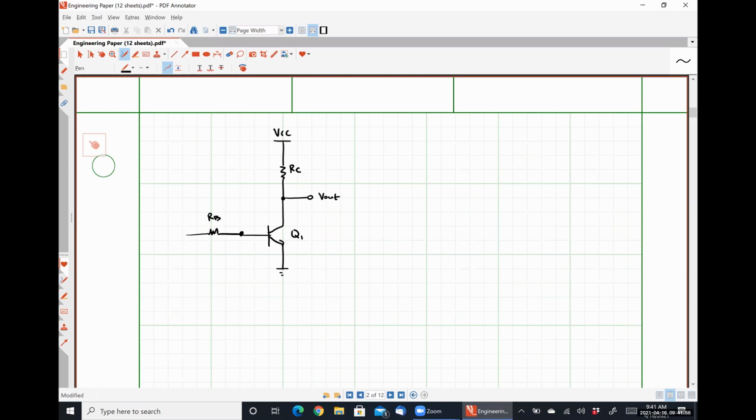Here's some resistance RB. Here's where I'm applying my input. And I'm going to put in a resistor here, RF, that is between what we'll call node X and my output node. This resistor RF, or this feedback resistor, which is tying the input of the BJT to effectively the output of the BJT, would be considered a floating impedance, having a value of RF.